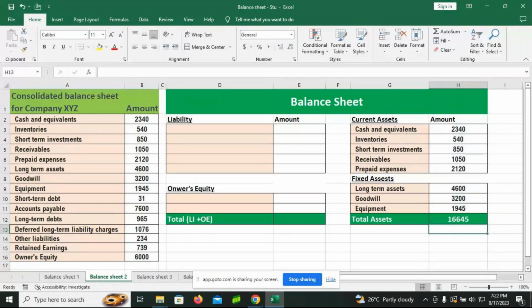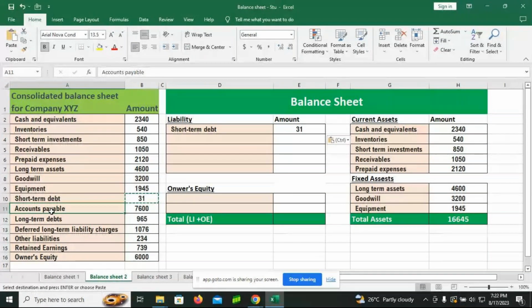Okay, now liabilities. So short term debt will come under liabilities. Then account payable, liability. Very good. Then long term debt, that also will come under liabilities.